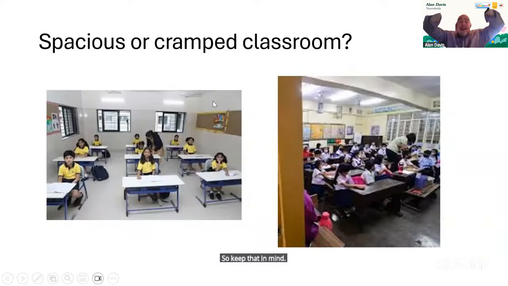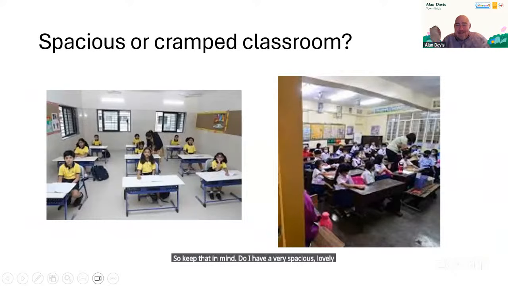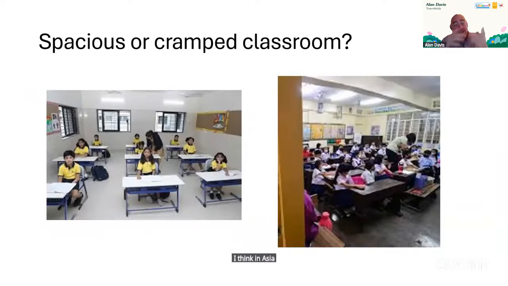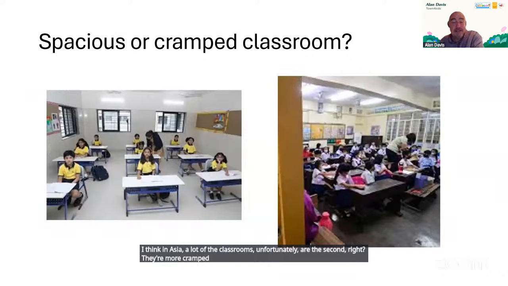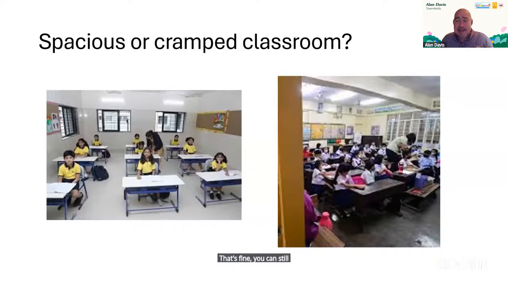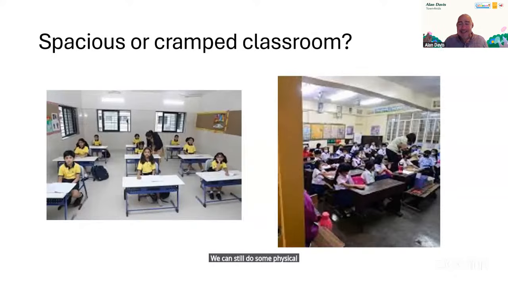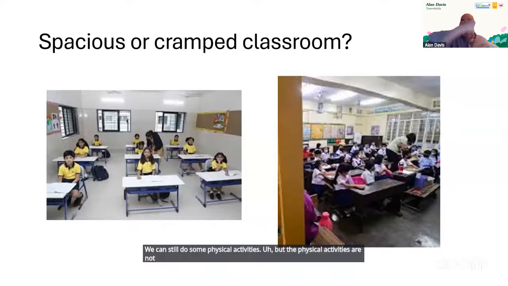Do I have a very spacious, lovely classroom or a very cramped classroom? I think in Asia, a lot of the classrooms, unfortunately, are the second, right? They're more cramped, so it's difficult to get students to move around. That's fine. You can still do physical activities. I see cramped with some crying, yes. We can still do some physical activities, but they're not as much moving around.